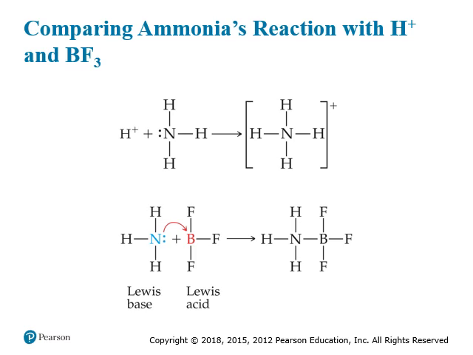And it forms a bond with the H plus in the form of the ammonium cation. But at the bottom of this slide, we can see it interacting with boron trifluoride, a substance that we know to be an exception to the octet rule, in that there are only 6 valence electrons around our central atom. Well, this Lewis base in the form of ammonia can donate that electron pair in order to form a bond between the nitrogen in ammonia and the boron in boron trifluoride.